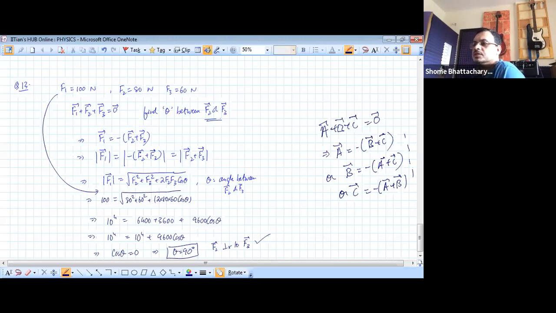Yes, and in the previous question, if C was equal to 2B, then C would be parallel to B. Instead of being opposite, it would be parallel. So when we multiply a vector with a number, if the number is positive, then the direction of the vector remains the same. If the number is negative, then the direction becomes reverse. And that's the simple relation.